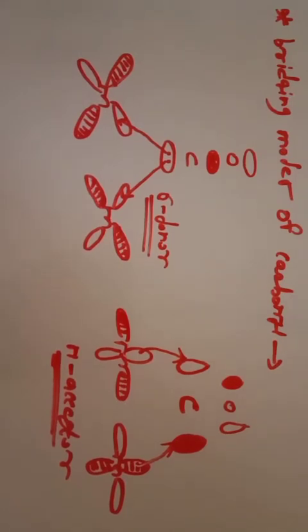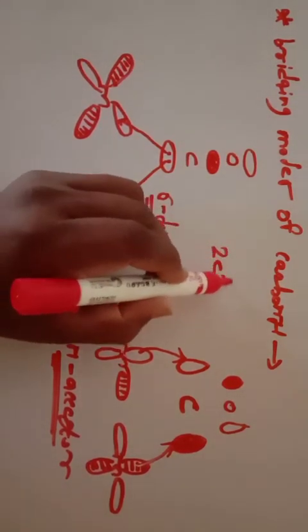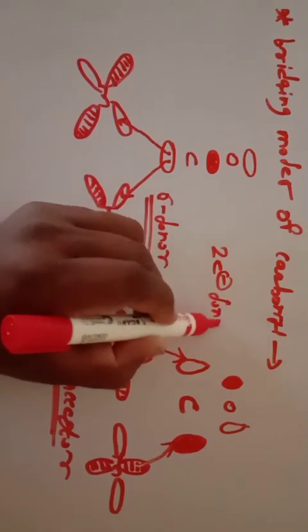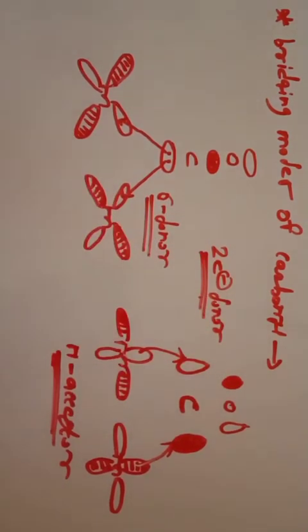In both cases, terminal as well as bridging, its electron donation does not change. It is a two electron donor in both cases. But what happens due to this bridging mode of carbonyl to the carbonyl stretching frequency? We will discuss it.